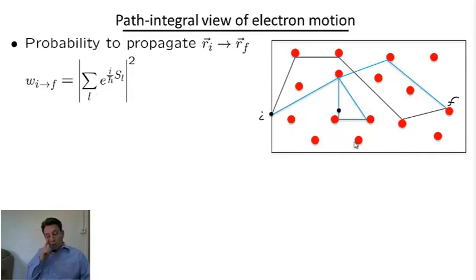And here I'm just showing two such possible trajectories, this blue one and the black one, and these are going to interfere with one another.